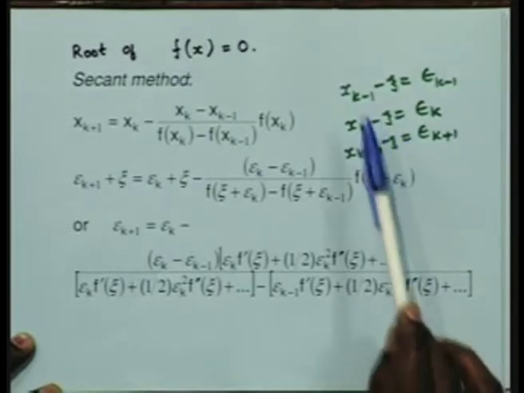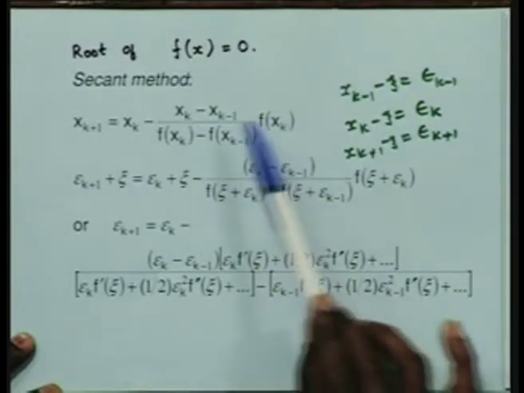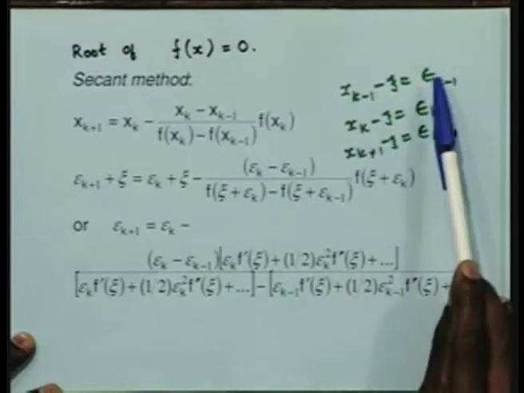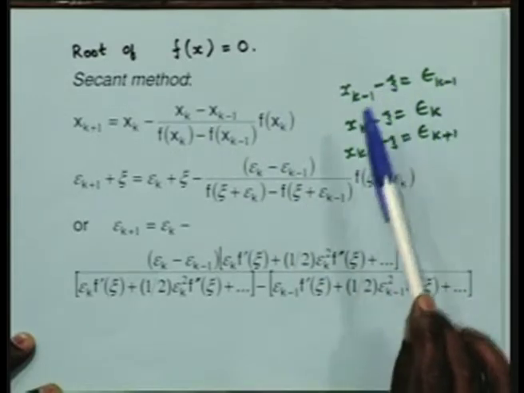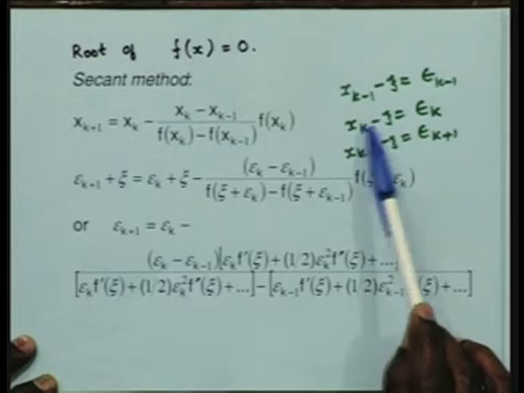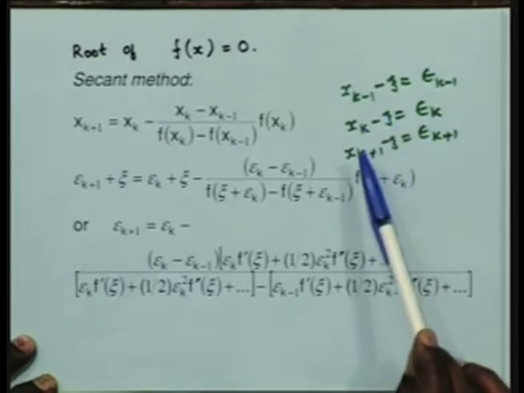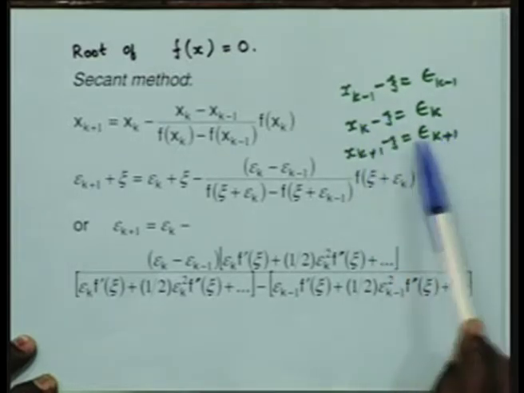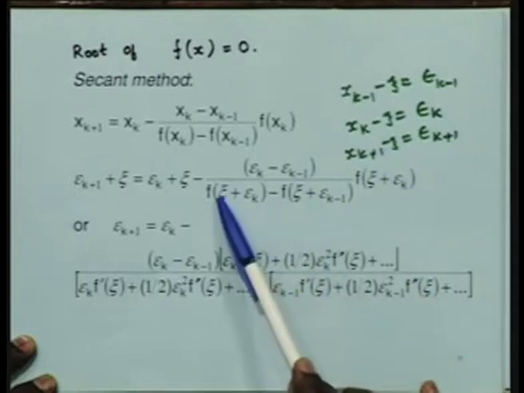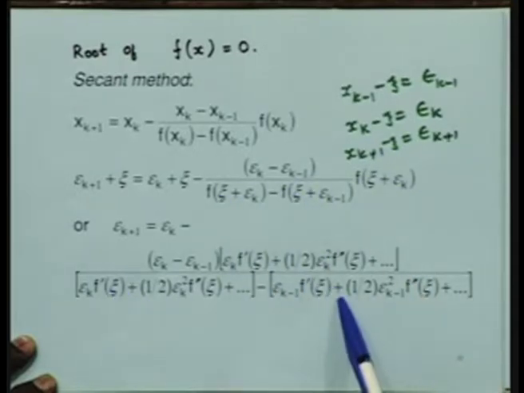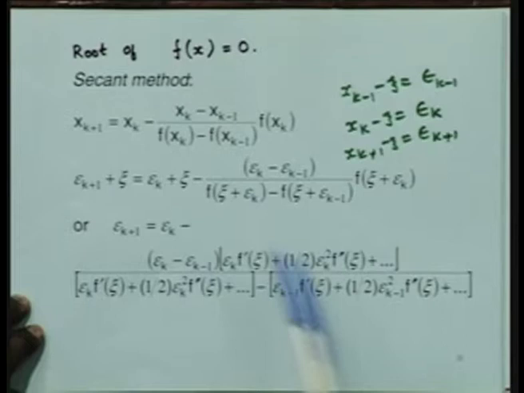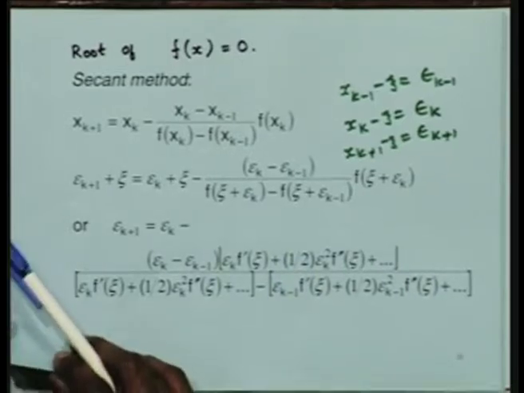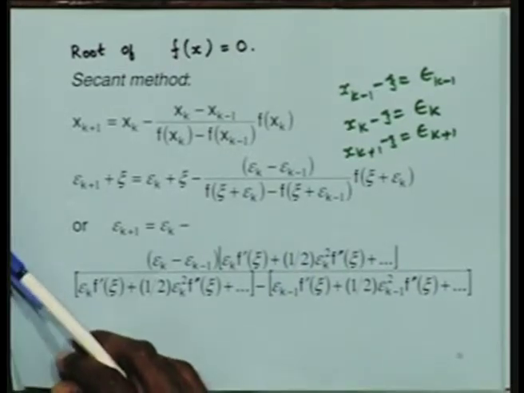Then what we did was, we substituted the expressions for x_{k-1} as epsilon_{k-1} plus xi, x_k is epsilon_k plus xi, x_{k+1} is epsilon_{k+1} plus xi. Then the denominator was simplified. We take this up to the numerator, put it to the power of minus 1, use the binomial theorem for expanding it.